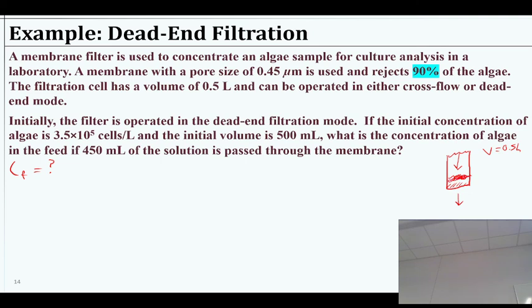Some volume is remaining. So here you pass 450 milliliters through. Wait. So not necessarily the feed is 450, the permeate is 450. You want to write it up that way.